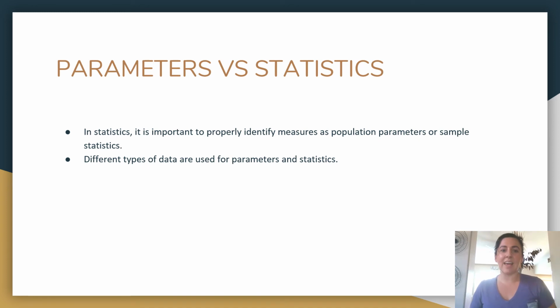In statistics, it's really important to properly identify the measures as population parameters or sample statistics. Population parameters, remember, are data for the entire population, so the data is just telling you exactly what it is. It's drawing conclusions on exactly what's happening with the population. But with sample statistics, you're taking a sample and figuring out some data.